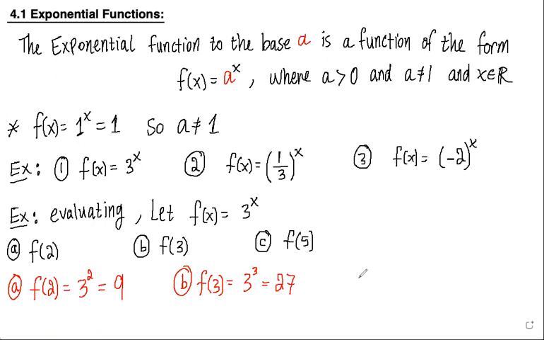For the third one, f of 5, same thing: you plug the 5 inside the function, giving 3 to the power 5. 3 times 3 is 9, 9 times 9 is 81, and 81 times 3 is 243.